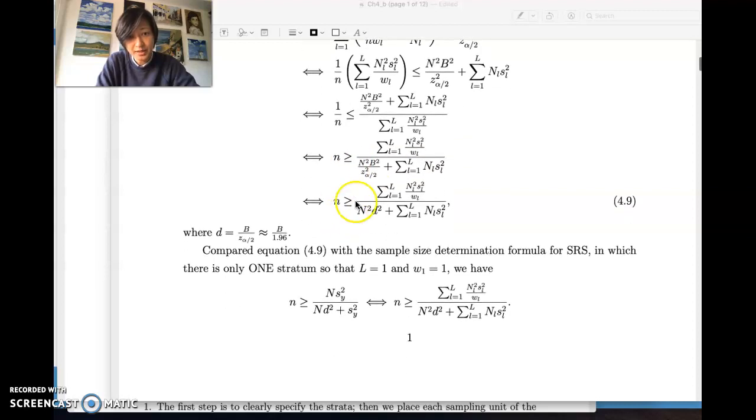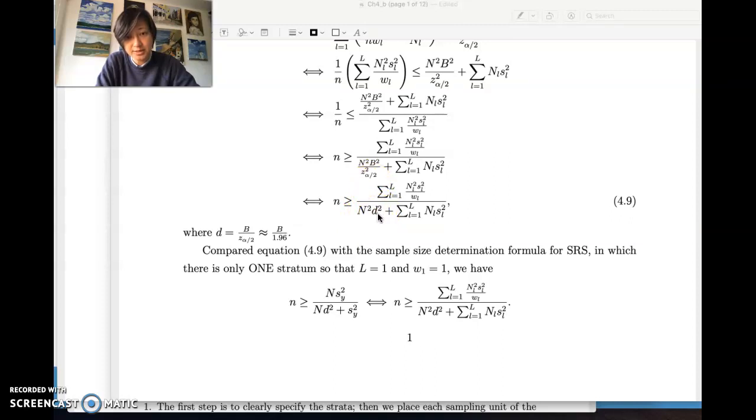Now it looks good, because formula 4.9, the sample size, is bounded by the summation of something divided by N squared multiplied by D squared, plus the summation of something.